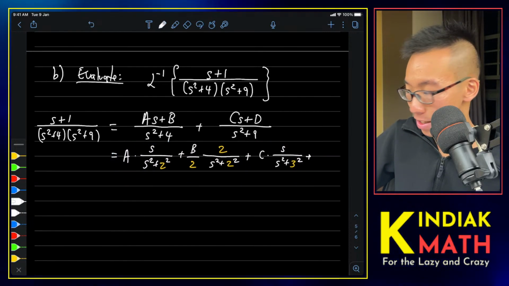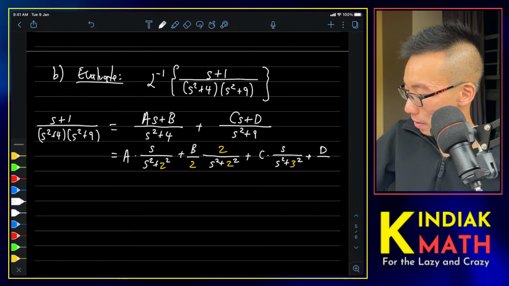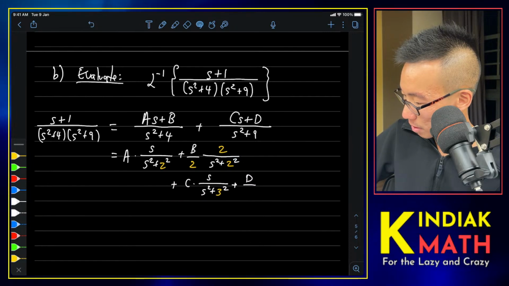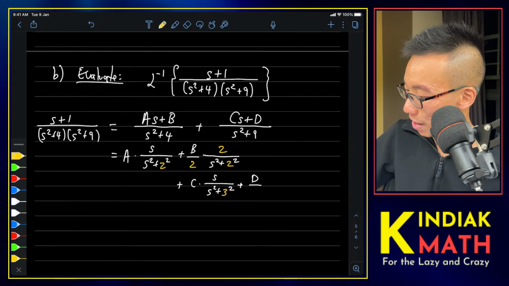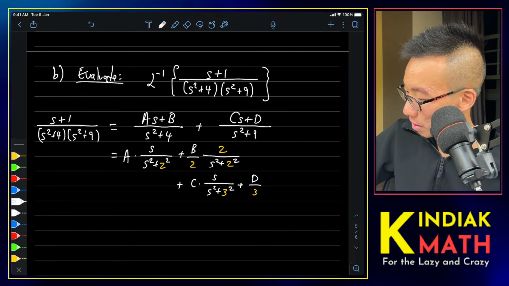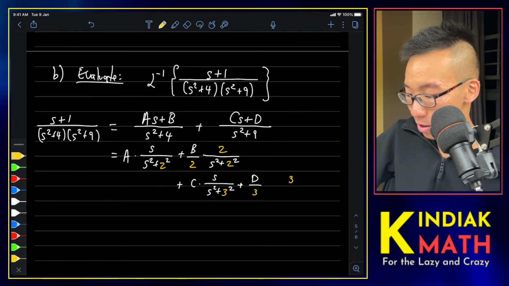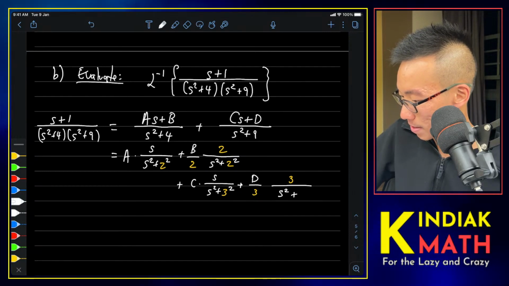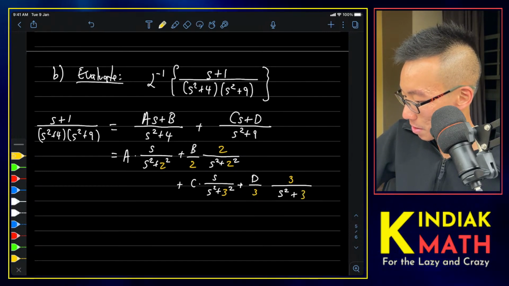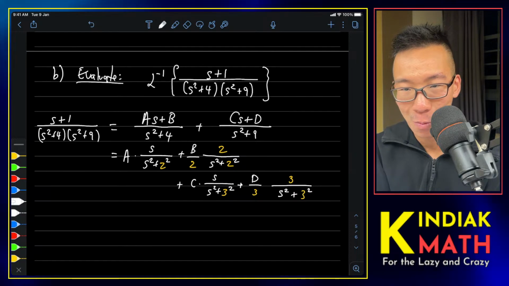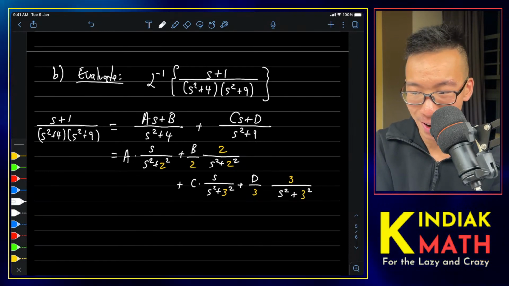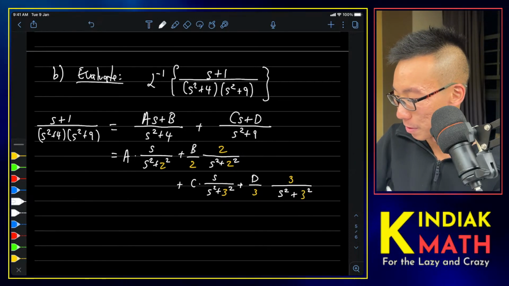Finally, the last term is going to be d divided by 3 multiplied by 3 divided by s squared plus 3 squared. And some of you are wondering, what on earth am I doing with this calculation? Why do we even bother?